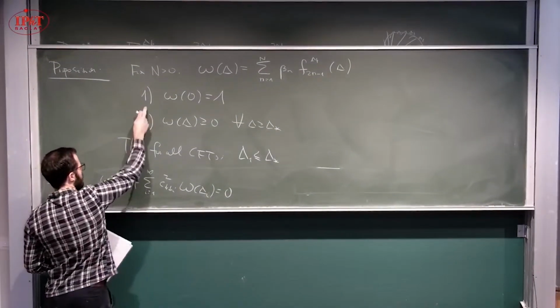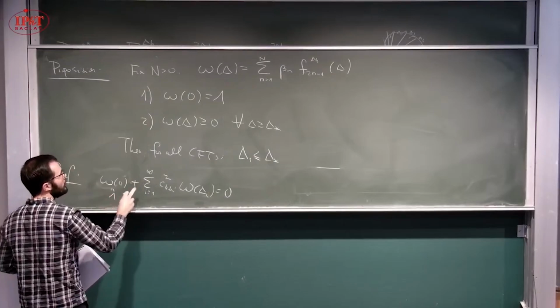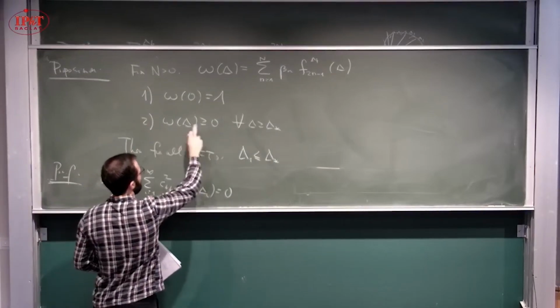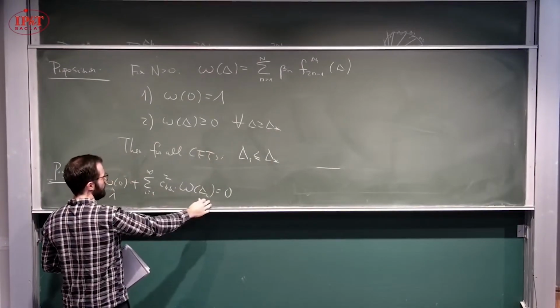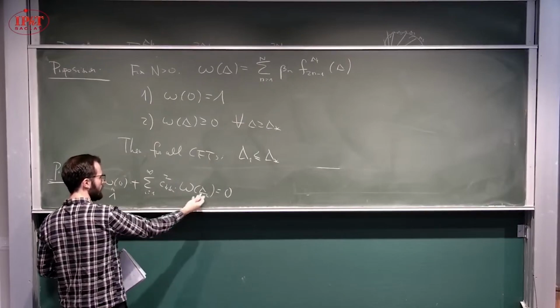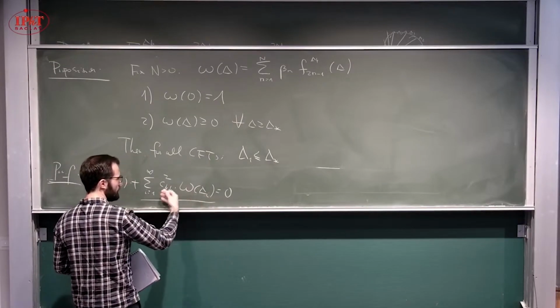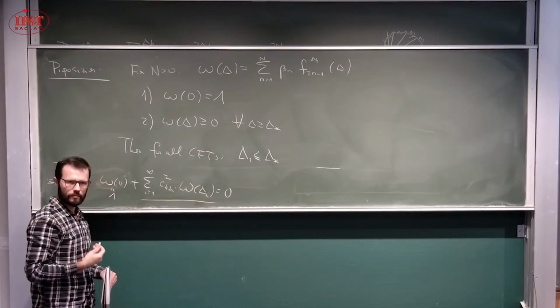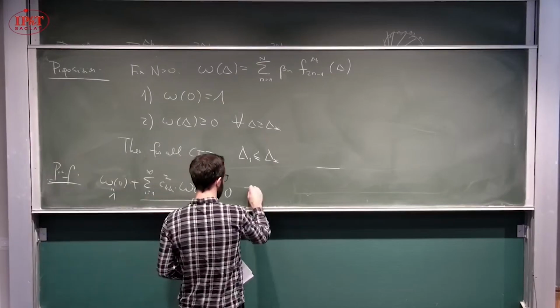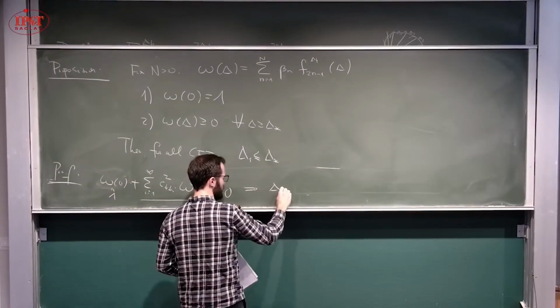Now, by property 1, this is equal to 1. By property 2, this is positive everywhere above delta star. So there has to be at least one term in the sum which is below delta star. Okay. Delta 1.